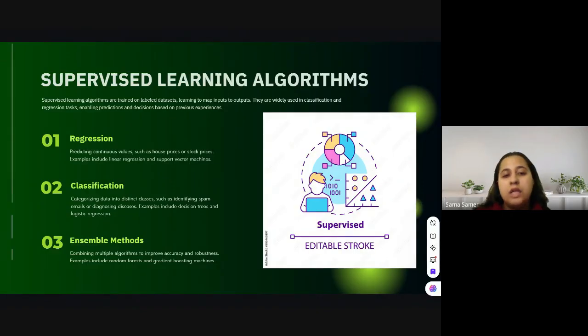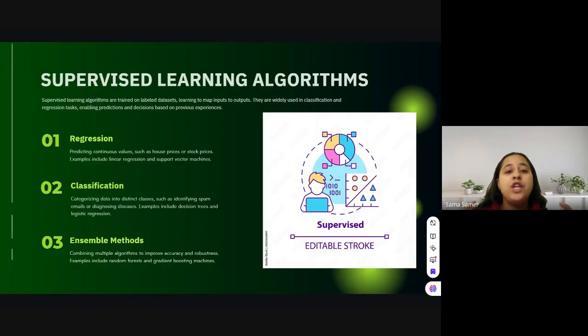We have three main things inside supervised learning algorithms. We have the regression problem. The regression problem is predicting continuous values, such as house prices and stock prices, including linear regression and SVMs. Classification. We are classifying dogs, cats, tall, short, and medium, which is not tall and not short. Then we are classifying red, green, yellow.